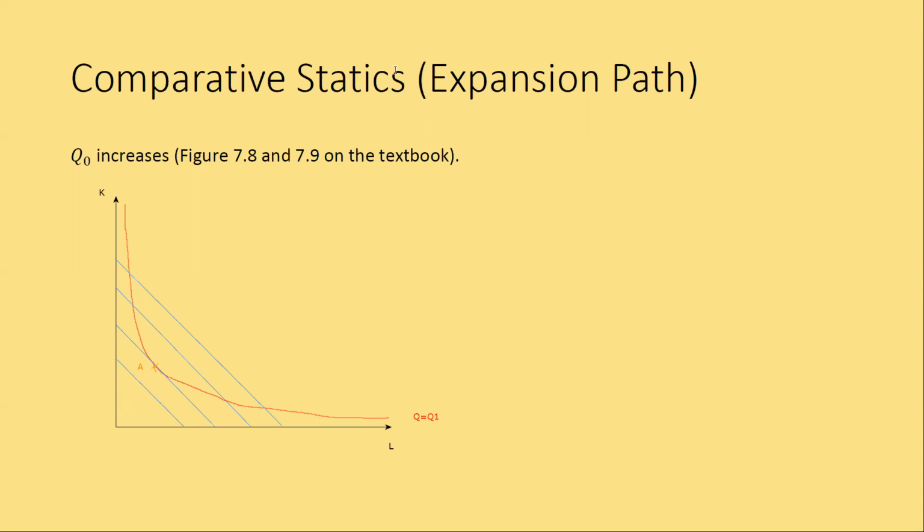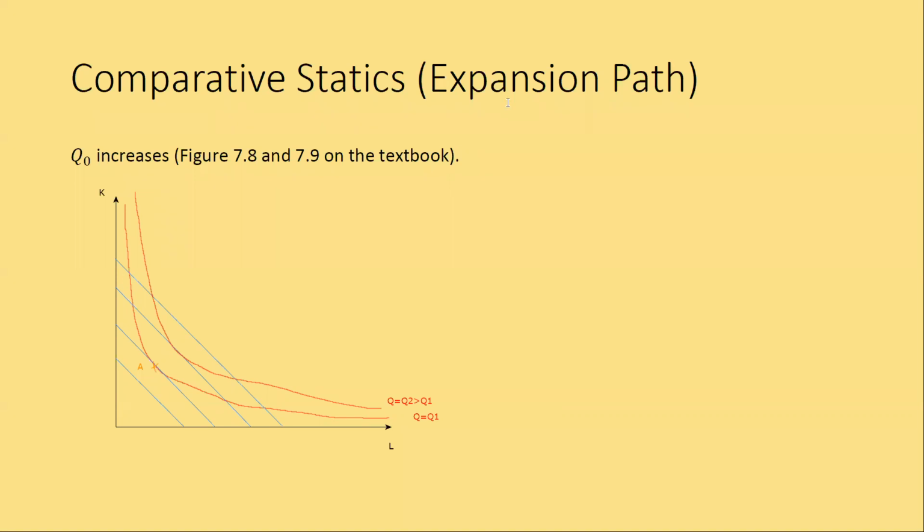Now, if Q increases from Q1 to Q2, we are going to look at a higher isoquant, right? So a higher isoquant might be something that looks like this. So this is Q equals Q2, and Q2 is larger than Q1. So the firm expands, the target level of output increases.